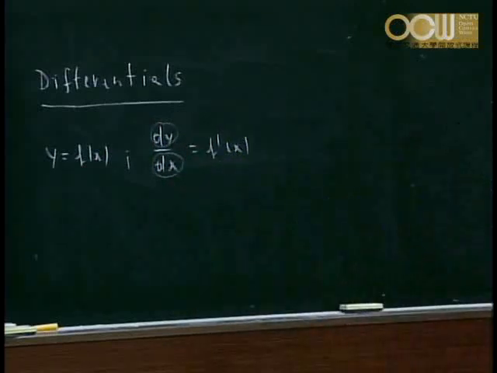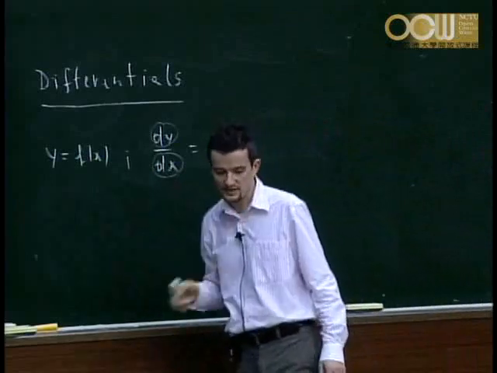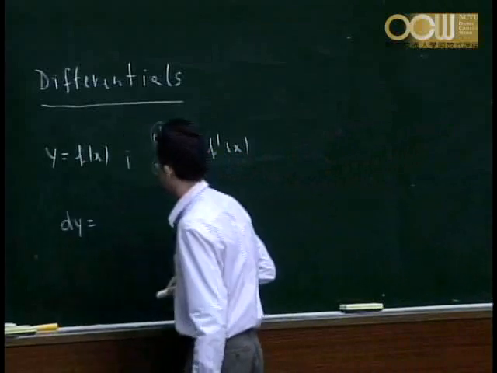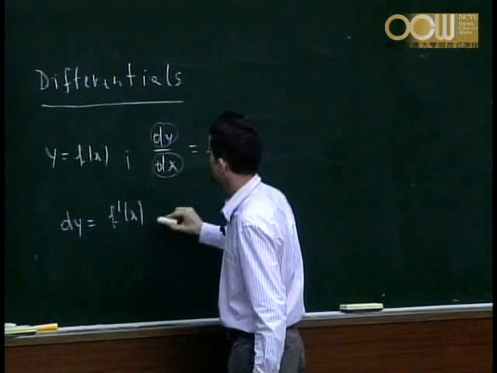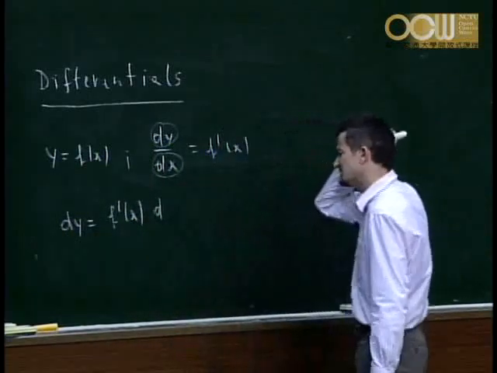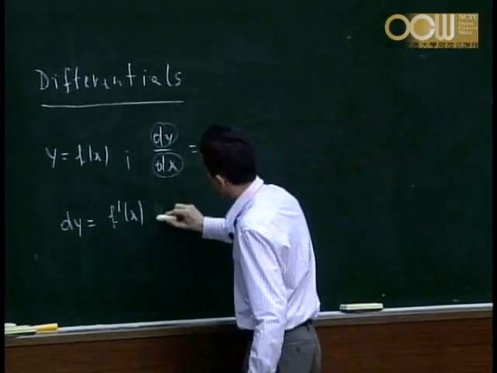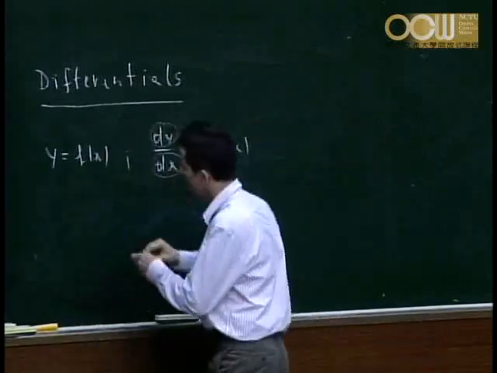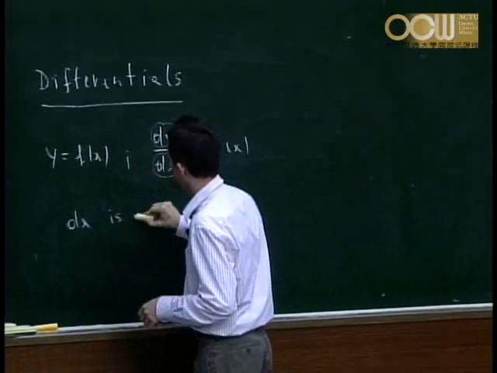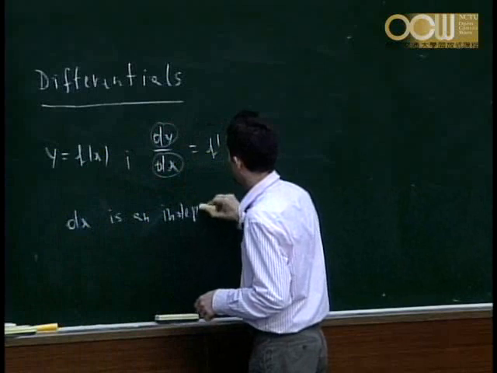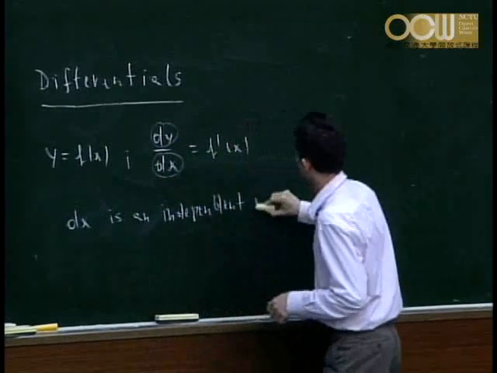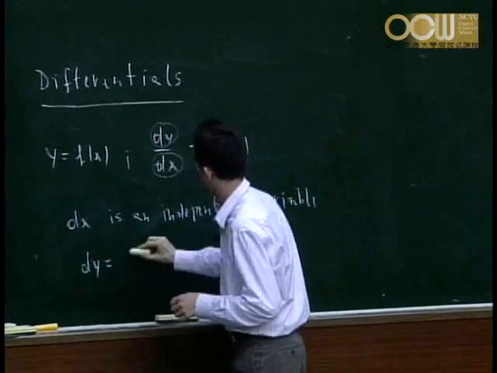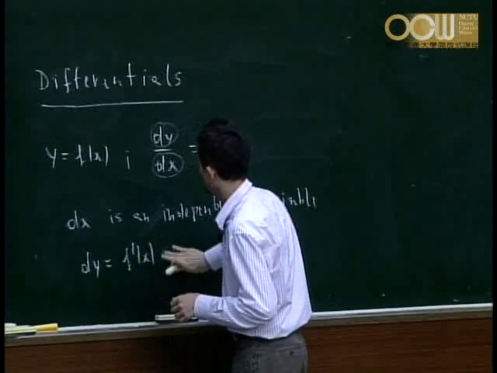So this of course is still one symbol. We had a different definition for dx and dy, not really connected to this symbol here. So how did we define them? dx was for us an independent variable, and dy was defined as the derivative of f of x times dx.